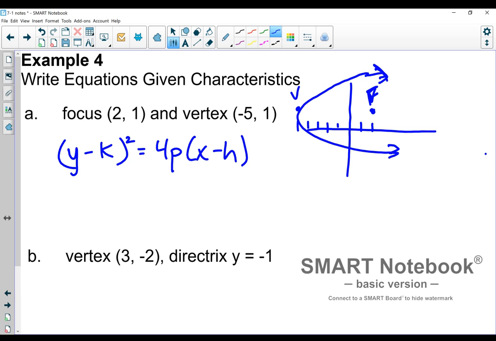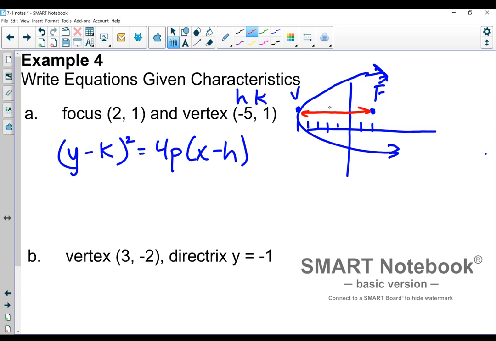So in order to write an equation for a parabola, I really need my h, k and I need p. So I'm going to erase this ugly looking f. We're going to fix that really quick. So right away I can tell my vertex gives me h, k. And then I know p is that distance from my vertex to my focus. So I need to look at what the distance is here.